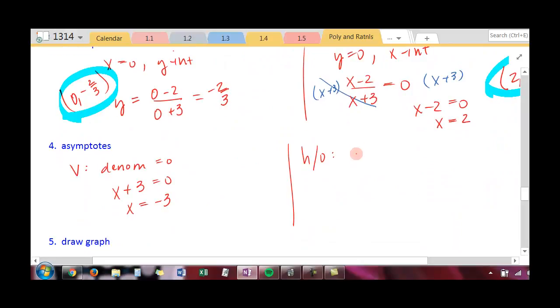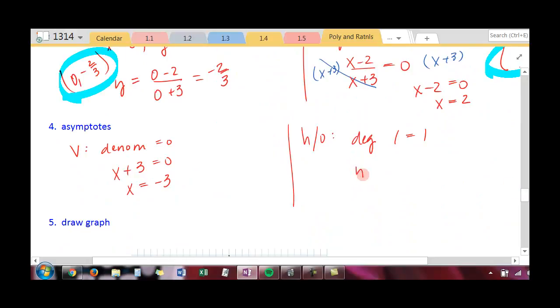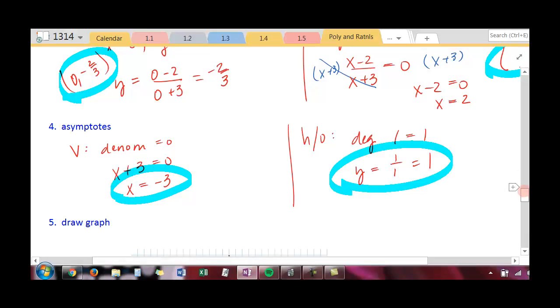We learned that when the degrees are equal, we take the ratio of the leading coefficients, which is just 1 over 1. So y would be equal to 1. So we have a vertical asymptote at x equals negative 3, and a horizontal asymptote at y equals 1.